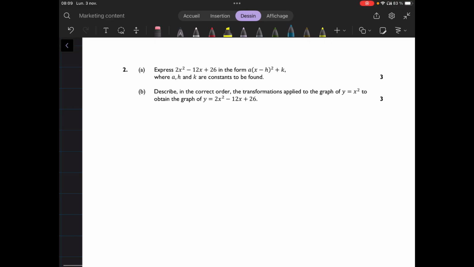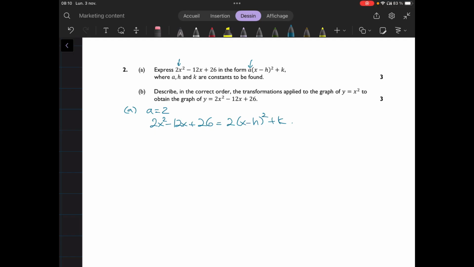Question 2. In part A, you are asked to complete the square. A is always going to be the coefficient of x squared. So A has to be equal to 2. We want to find the values of h and of k so that this is true.